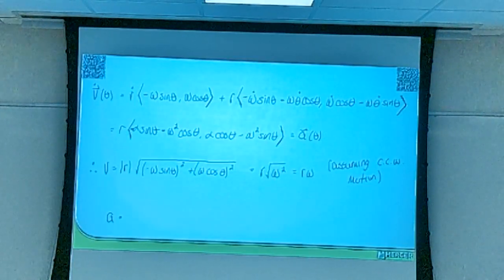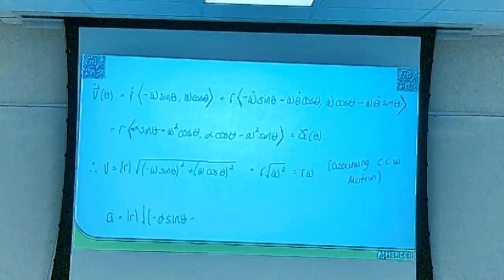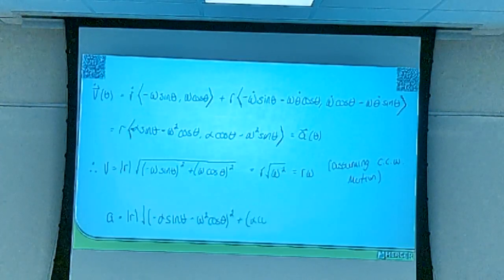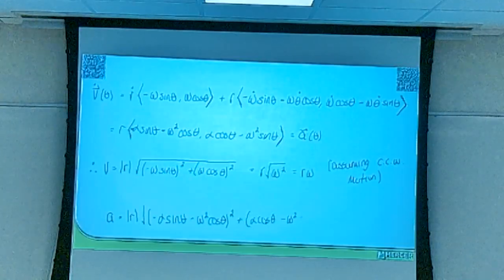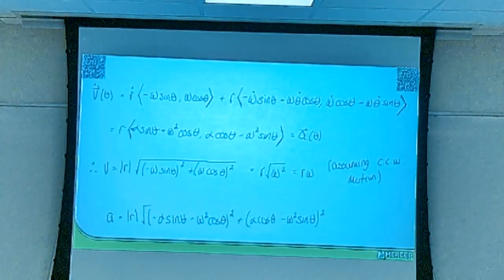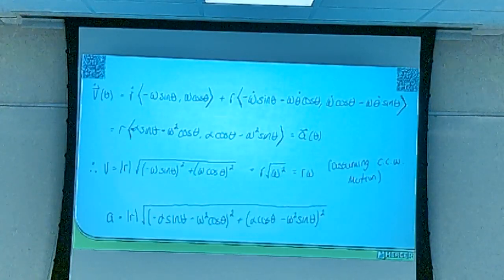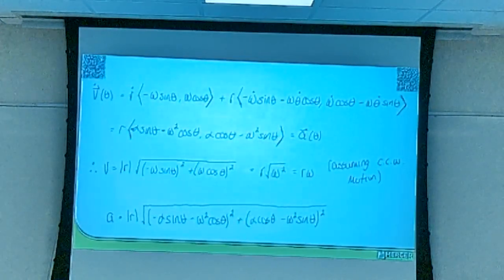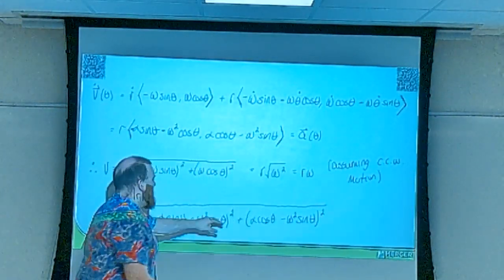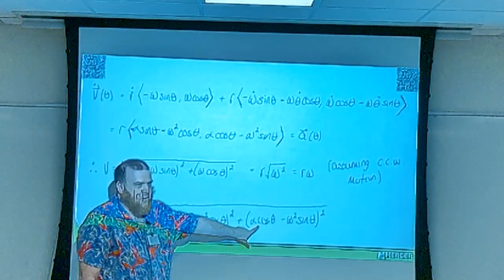And acceleration. Absolute value of R times the square root of alpha squared sine squared plus alpha squared cosine squared.